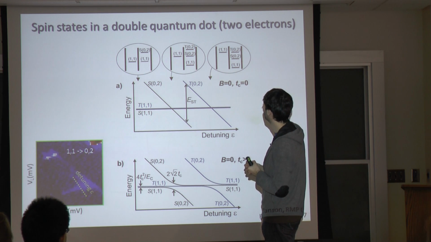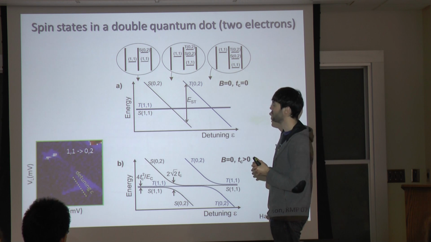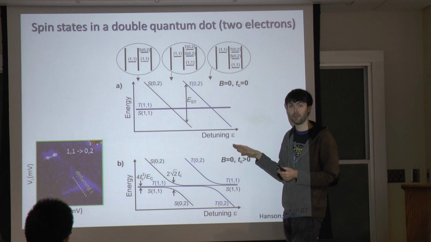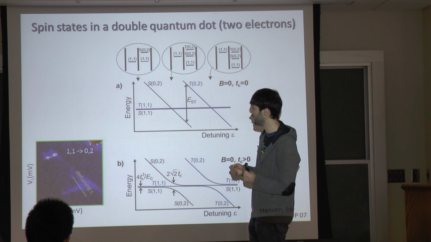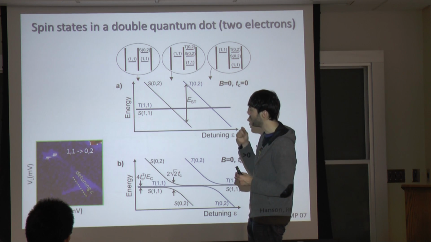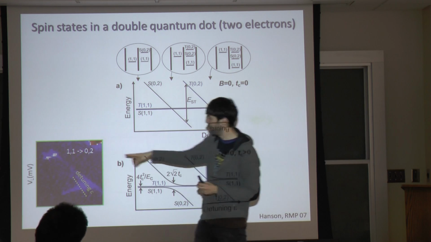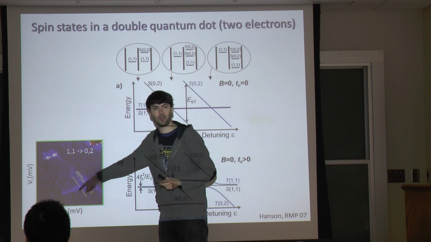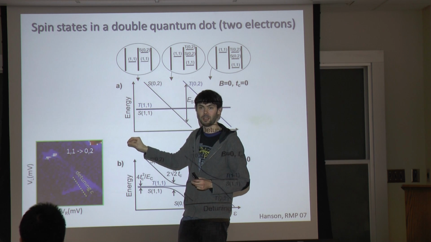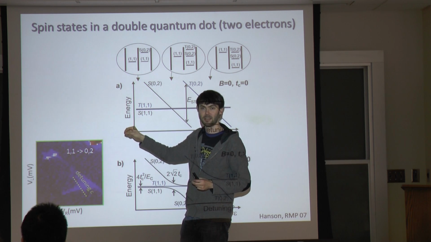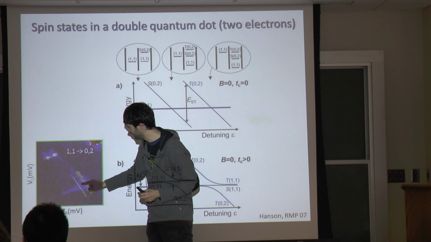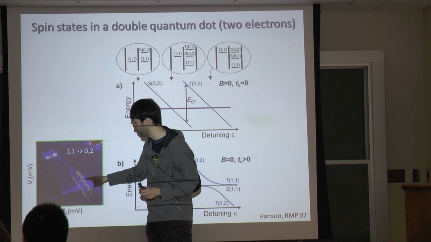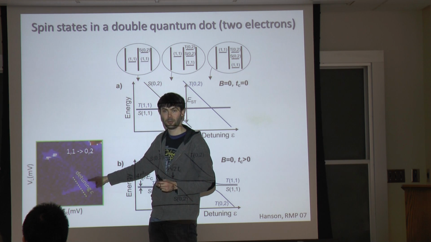Now, I want to introduce a concept of detuning. I already mentioned it very briefly in the last lecture. For that, you have to remember these bias triangles. Remember, at the degeneracy points, if you apply finite bias to a double quantum dot, at 0 bias it will be just 2 points through which the current flows.